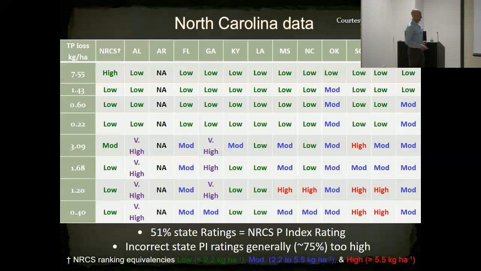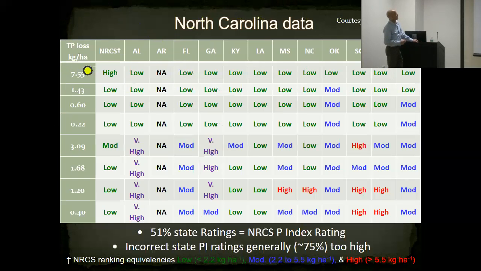So what we did is we had that runoff data that we compared the models with. Then we ran the indices for these states, for these fields, and this is just for North Carolina. We did this for all 11 sites.